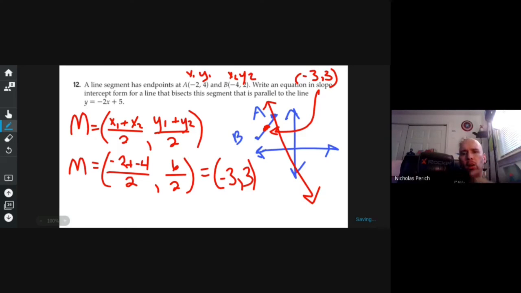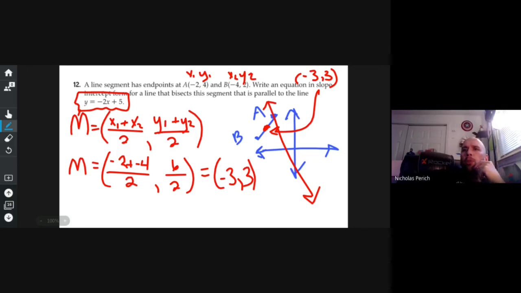It's got to be parallel to this line. What's the slope of a line parallel to that line right there? Parallel lines have the same slope.